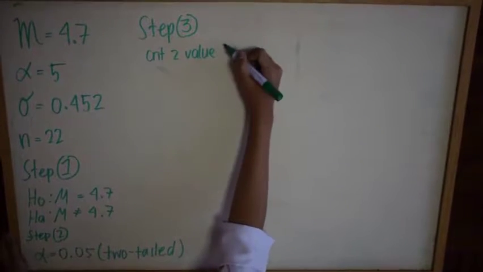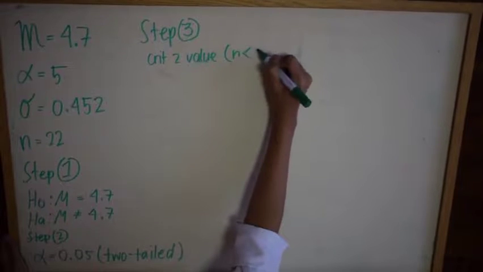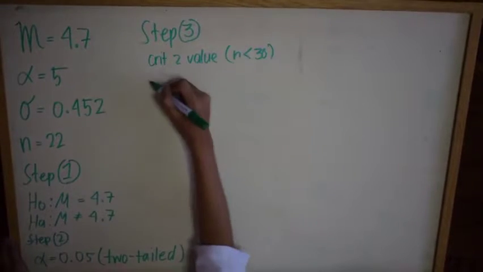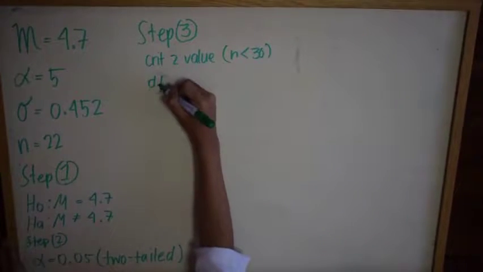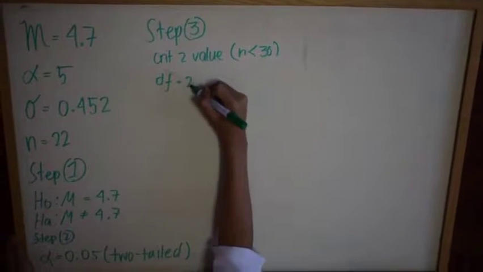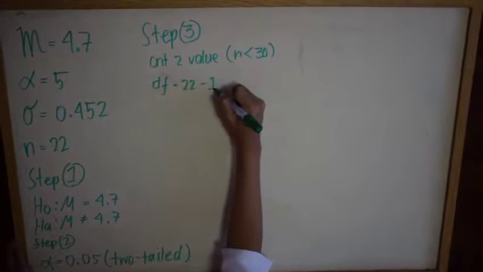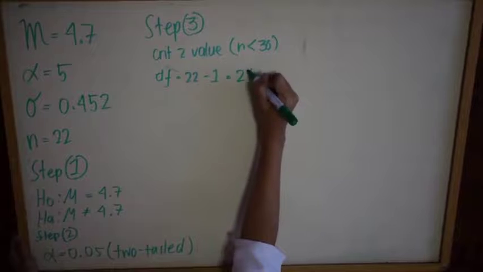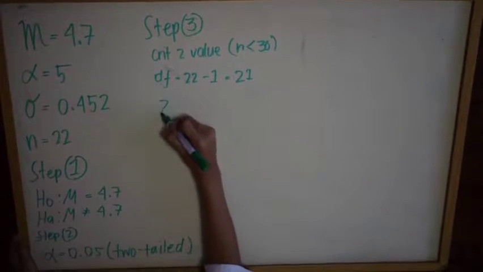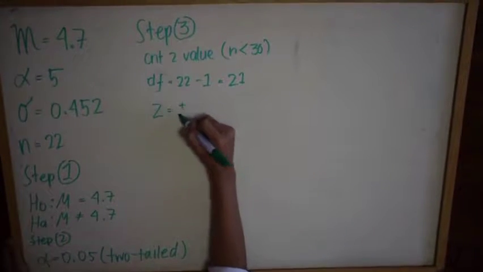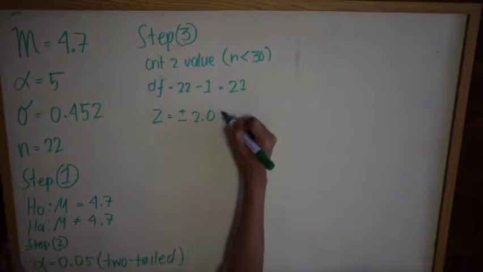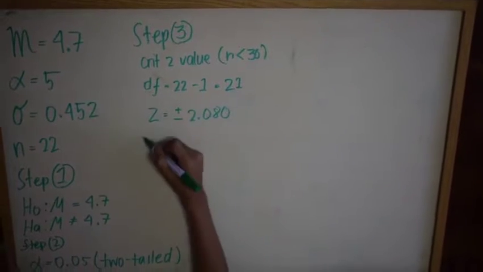Since our n is less than 30, we need to find the degrees of freedom, which is basically n minus 1. So we substitute n for 22 minus 1, which is 21. So our critical z value is positive and negative 2.080.